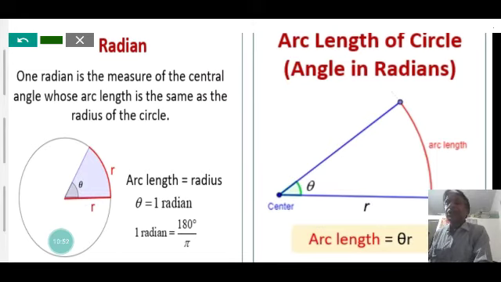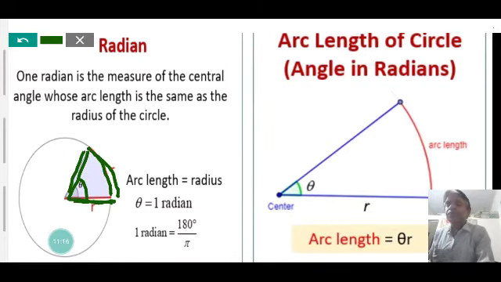This is a very important line. If the length of the arc is r and the radius is r also, then the angle subtended by the arc is called 1 radian.